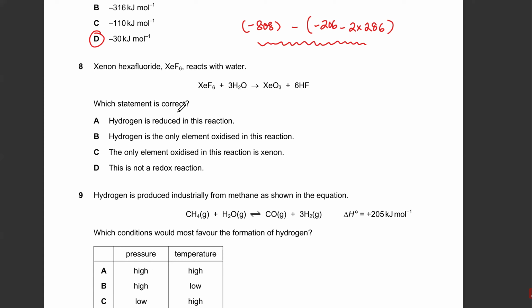Now we've got this reaction. Which statement is correct? Tell me which statement is correct in this.